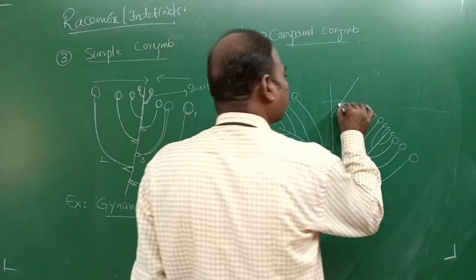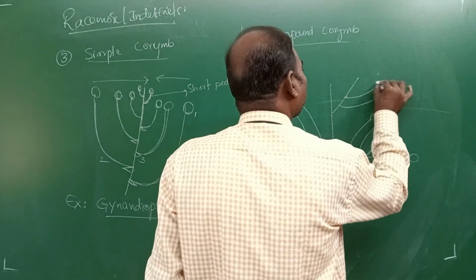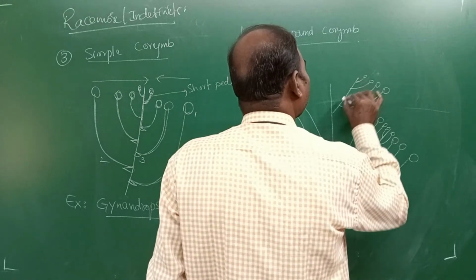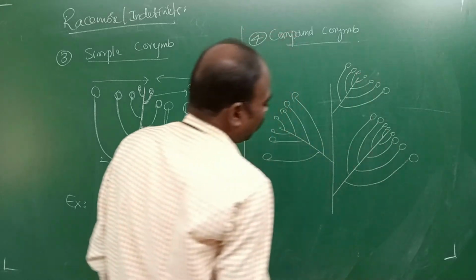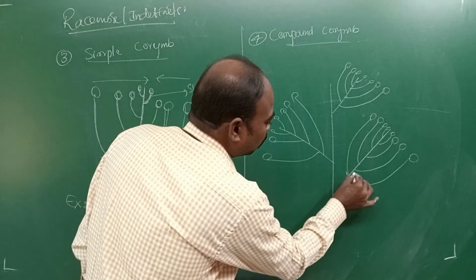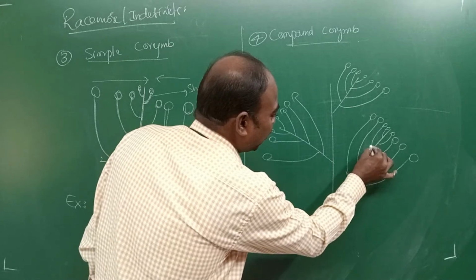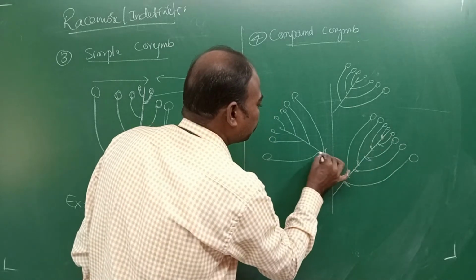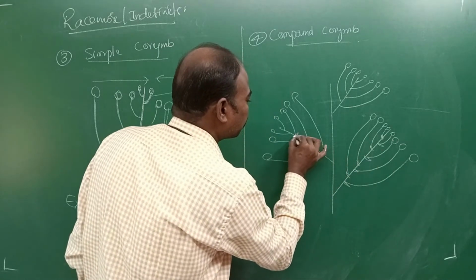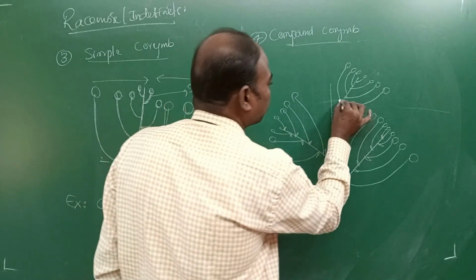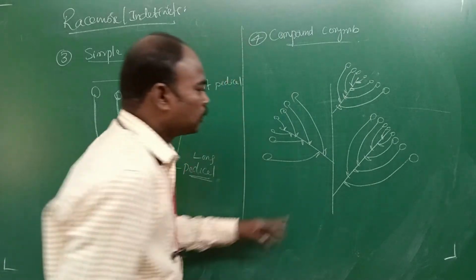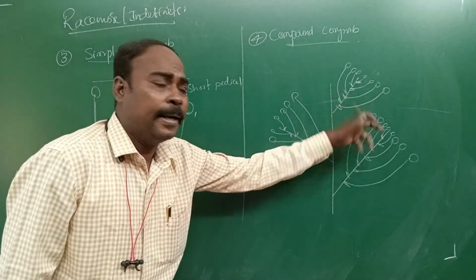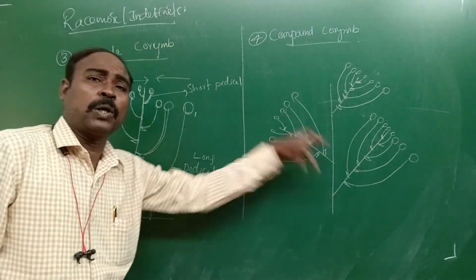So in a branched peduncle, each branch looks like a simple corymb.